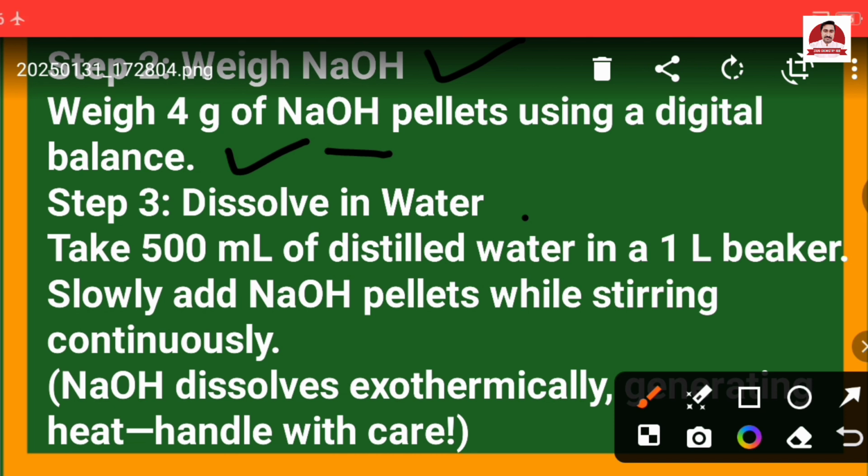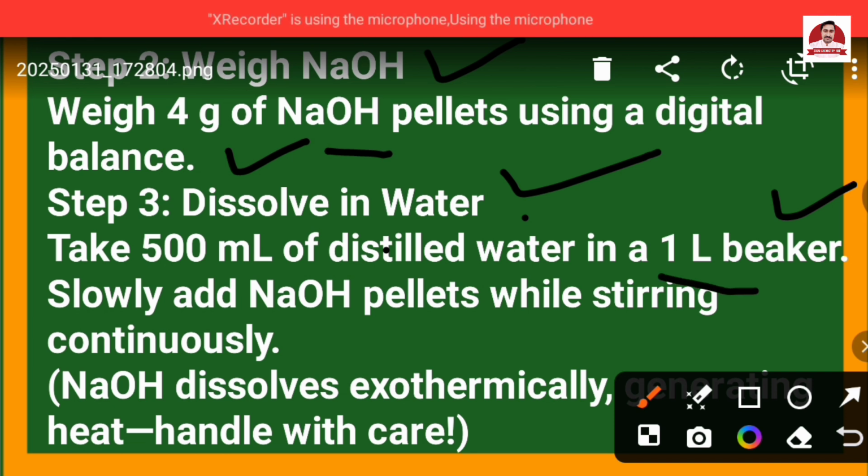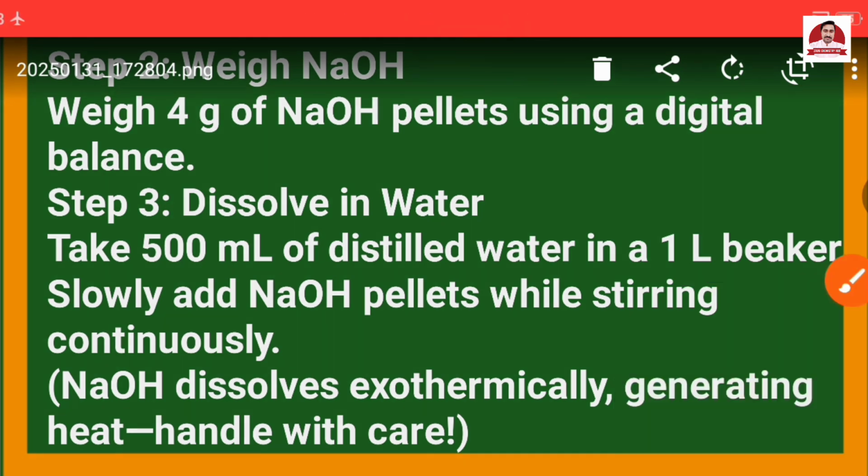After this we dissolve this 4 gram in distilled water, and then we take 500 milliliter of distilled water in a 1 liter beaker, and we add this dissolved sodium hydroxide, that is 4 gram, into the 500 milliliter of water.